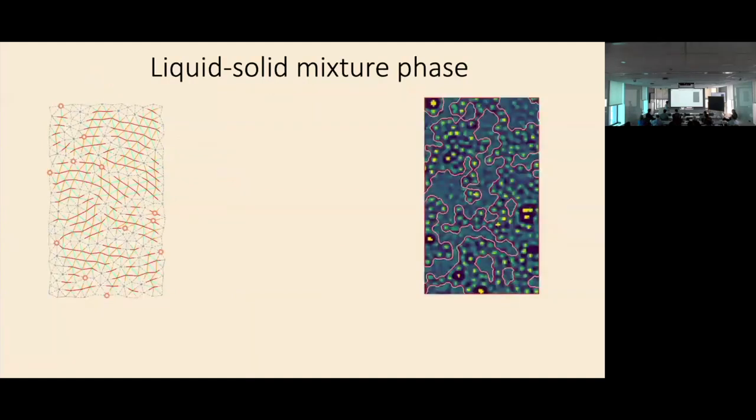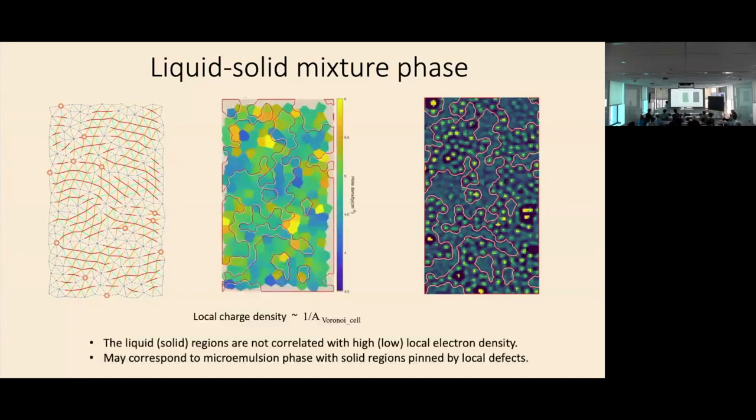If at the low electron density limit we actually have the electron solid, we can really count the local electrons and know the local electron density, and we can have this electron density map. Locally, we see large fluctuations, but we don't see long-range variation of the average electron density.